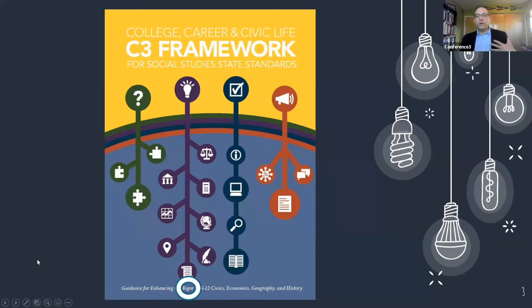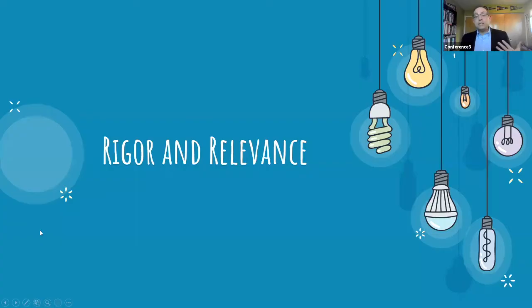This word rigor is used so often, in addition to the term rigor and relevance: making things rigorous, making things relevant. So I want you to think about something. I'm going to challenge you and challenge this word rigor.